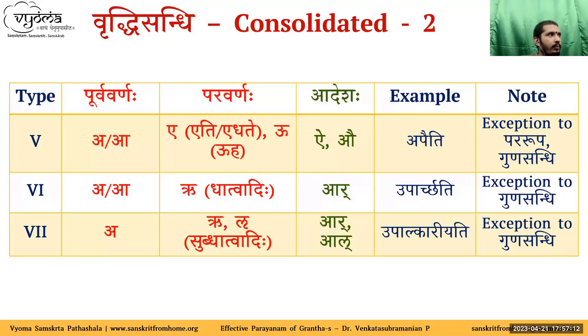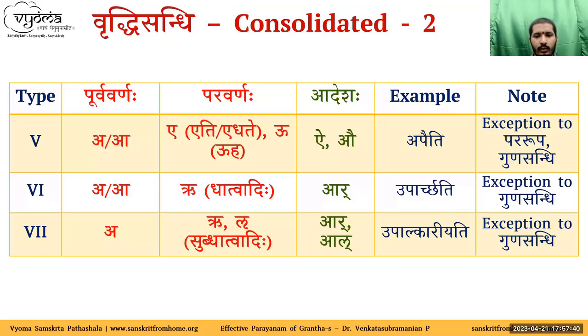So the sixth type, in the Purvarna we have A or A. In the Paravarna we have R, which should be the starting letter of a Dhatu. Then we get the Adesha R. Remember, these Adeshas are all in place of both Purvarna and Paravarna. I am not repeating it again and again, just because you are already familiar with Vriddhisandhi.